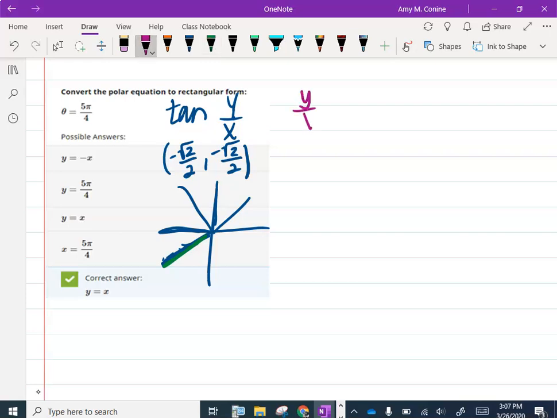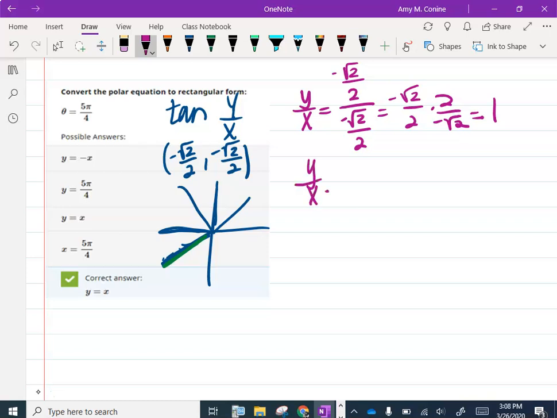So when you have y over x for tangent, and you do -√2 over 2 and then put it over itself, even if you do keep change flip because you're not sure how to simplify, you still get a +1, which means y over x equals 1. If you do some cross multiplying here, you do get y equals x, which is what they said the right answer was. All right, so that's exactly how you're going to solve these.